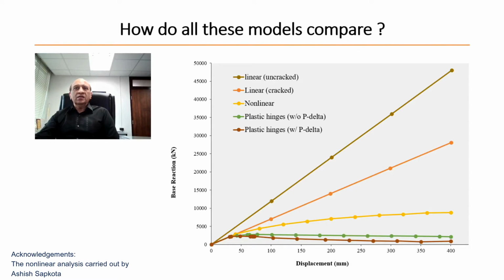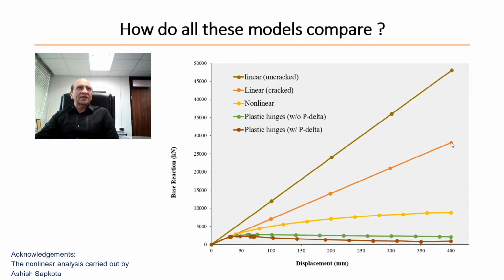And here you can see very clearly that the linear elastic model that we had first can give unlimited load capacity as the deformation increases. This was not very realistic, so we added cracking in it, and the cracking model gave us lower capacity, but still it was not really going to fail at any point.